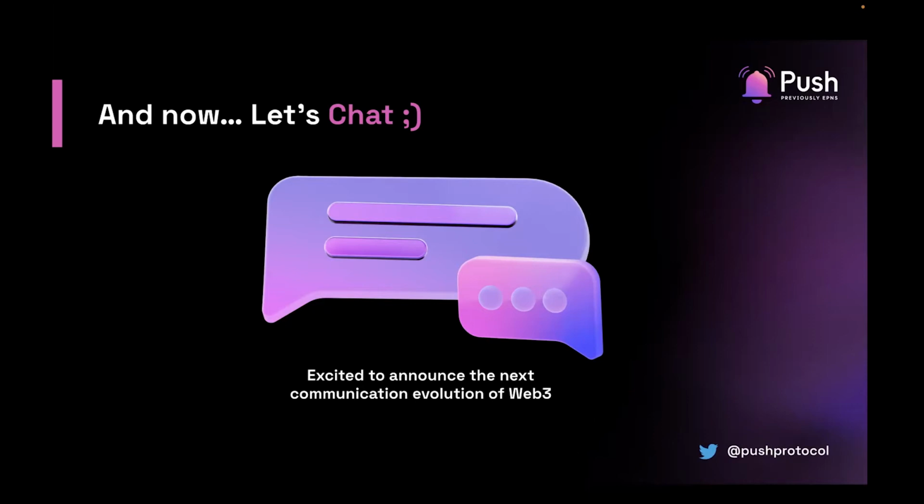We have extended the notifications so that now users can chat back and forth, and the only information they need to provide is their address. Nothing else is needed to start messaging your friends, and you can message their ENS domains. You can send videos, files, GIFs, texts, pretty much anything. That's a new project called Push Chat.